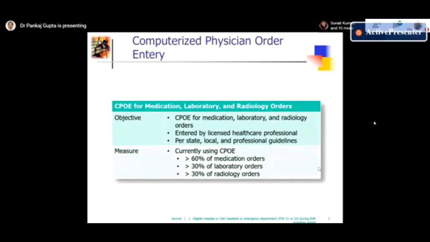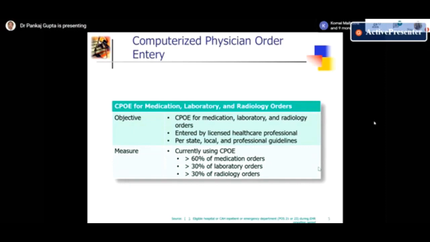And the measures were that at least 60% of the medication orders, at least 30% of laboratory orders, and at least 30% of radiology orders have to go through CPOE, not manual, not on any other system other than CPOE. So this was a target given to every institution: if you achieve this, then we will give you the payments or the incentives, otherwise we will not. So this is built into the meaningful use that I talked about in my previous session.